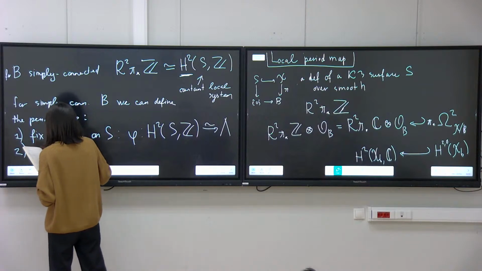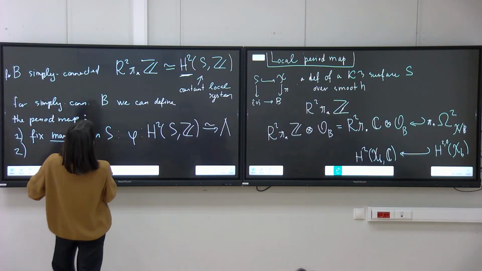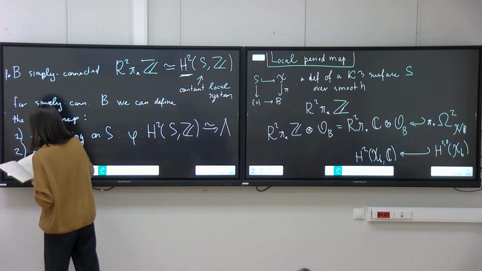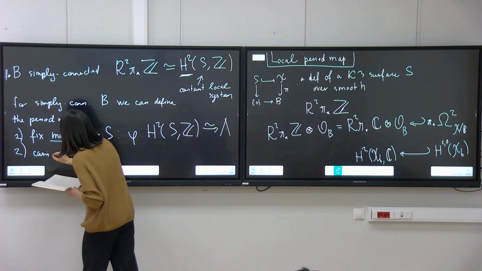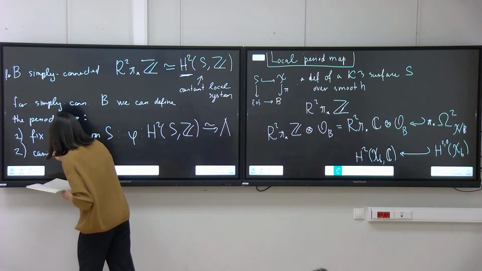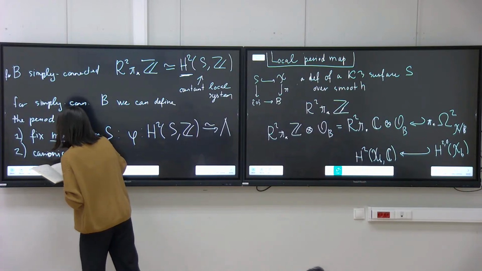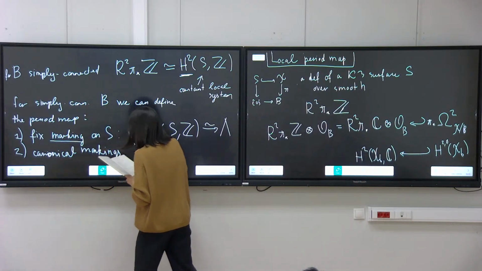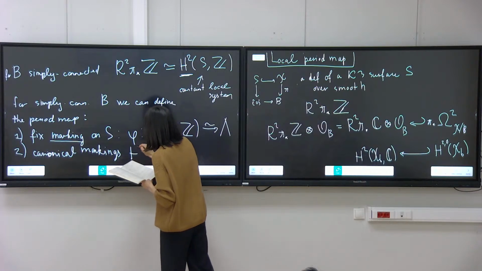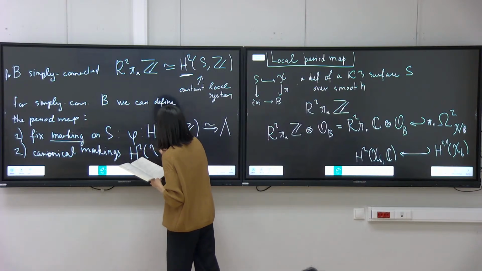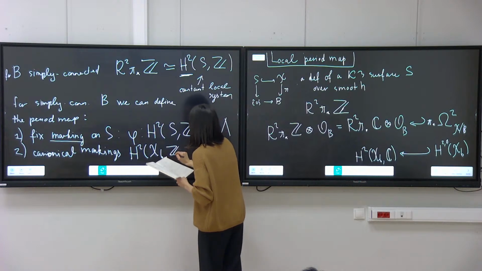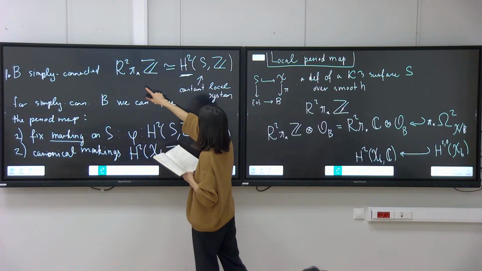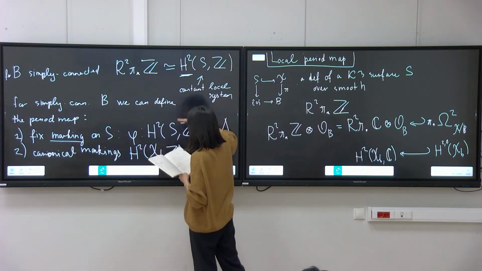Okay, so we fix this isomorphism, and with this assumption we obtain canonical markings for all fibers X_b, with integer coefficients, using just the fact that for simply connected we have this canonical isomorphism.